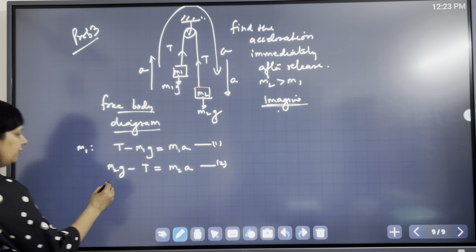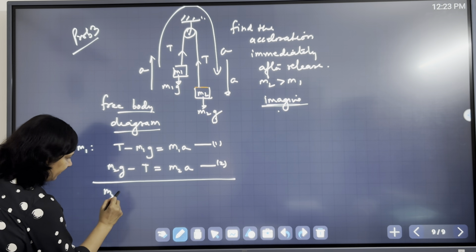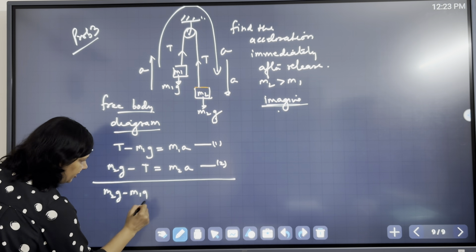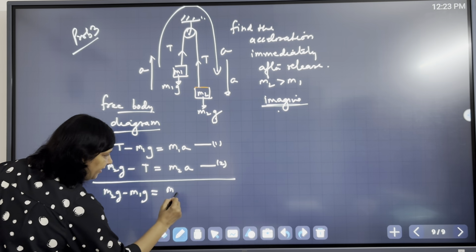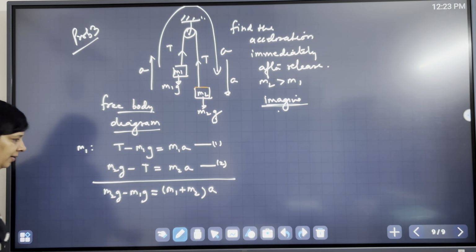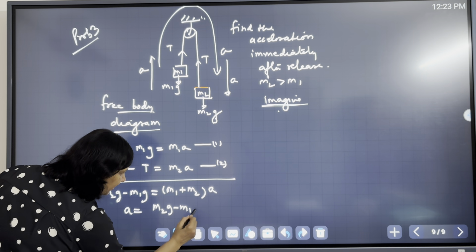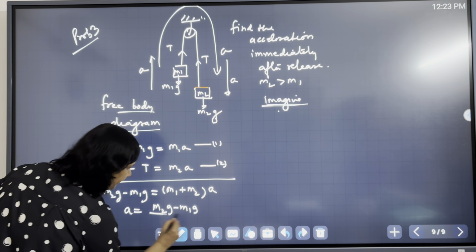Okay. Now you can add these two equations. T will cancel as expected. M2G minus M1G equals M1 plus M2 times A, okay, and acceleration will be the net force M2G minus M1G, which I just showed you.